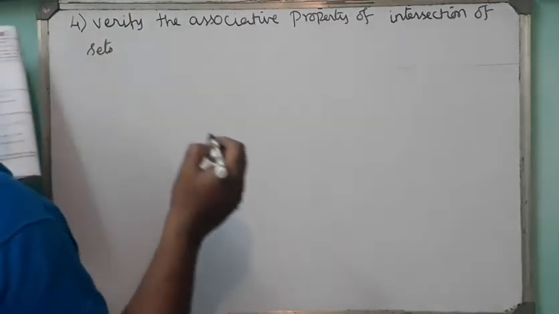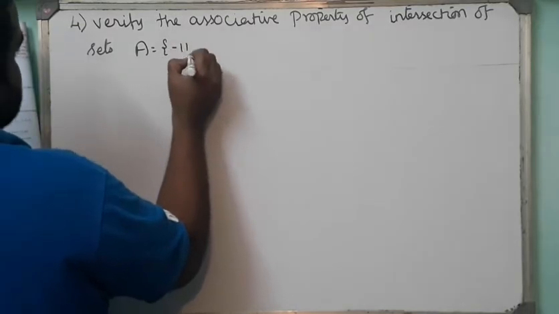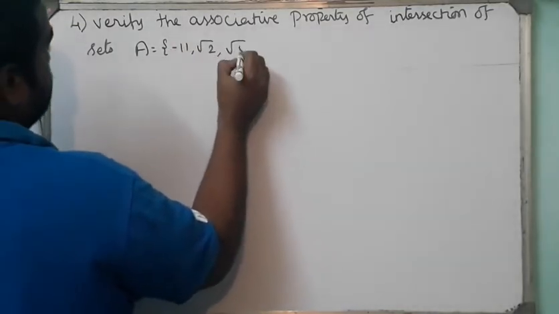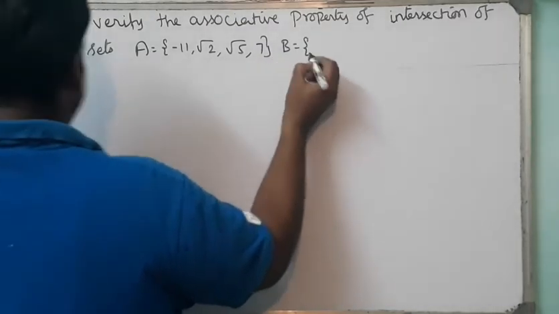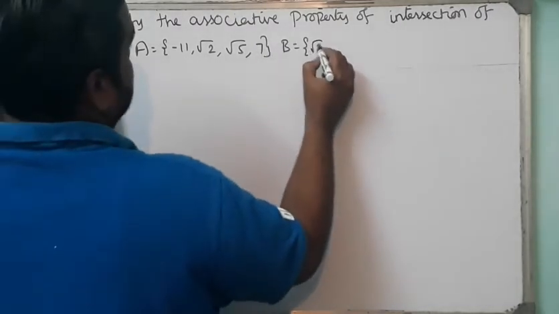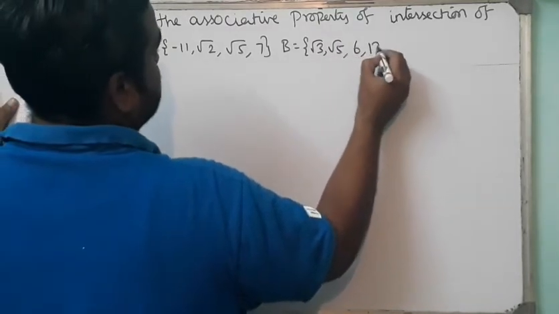They have asked for the associative property of intersection of sets. So set A equal to what is the set? Minus 11, root 2, root 5, 7. 4 elements are there. And set B equal to root 3, root 5, 6 and 13.